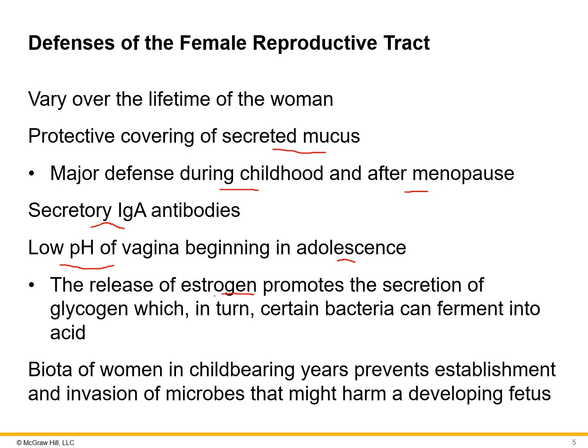And the release of estrogen increases glycogen, and that provides sugar and a fuel source for bacteria to use to ferment. And remember, with fermentation, they don't go through aerobic respiration, and the byproduct of that fermentation is an acid. And that's why there's a lower pH, due to those bacteria. And so the more estrogen that's available, the more fermentation and the more acidic the vagina is going to be. So before adolescence and after menopause, that estrogen goes down, so the acidity also is removed as well.